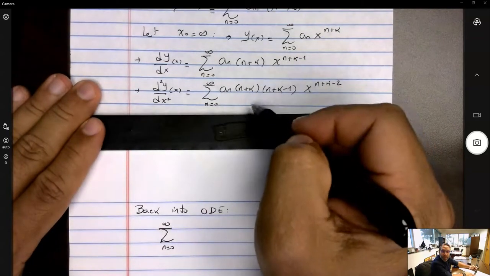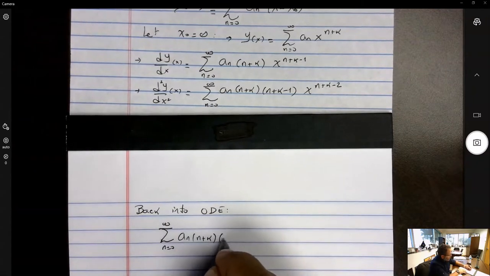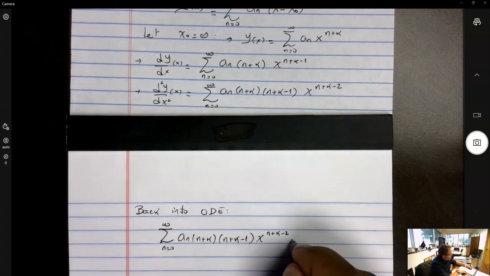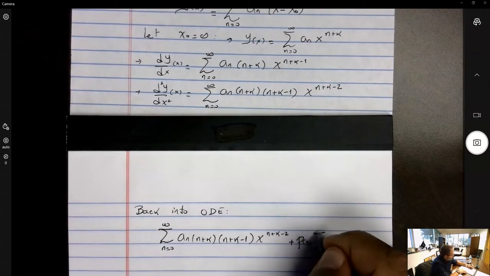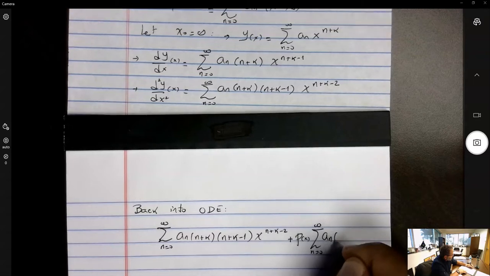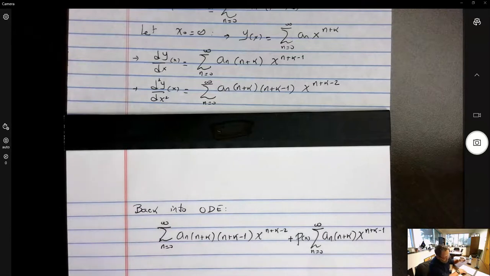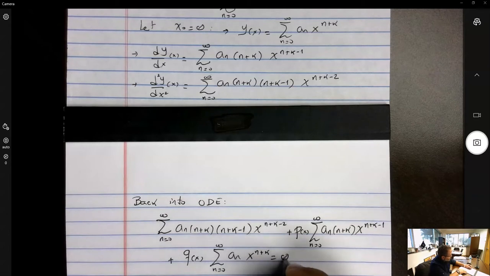We're going to take these three series and plug them into the ODE: a_n (n plus k)(n plus k minus 1) x to the n plus k minus 2, plus p of x times the summation from n equals 0 to infinity of a_n (n plus k) x to the n plus k minus 1, plus q of x times the summation from n equals 0 to infinity of a_n x to the n plus k, is equal to 0.